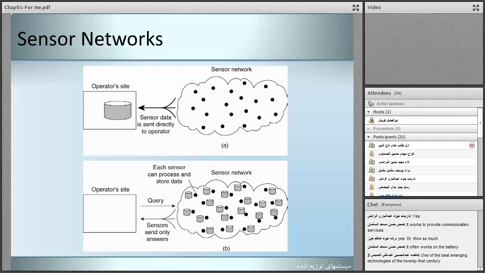The organizing of sensor networks is done in mainly two categories. In the first organization, we have our sensors, and all the sensors only transfer data to the master, to the site. Such as our example.